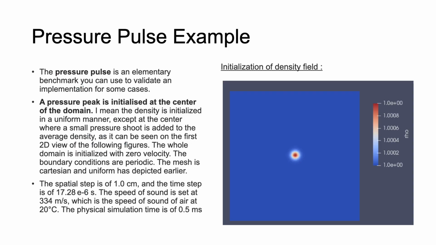So the LBM method is really working individually on sets of particles that are moving on a lattice like this with different speeds. And this is also why it's so good to calculate multi-physics types of behavior, because you can easily add new types of physics by adding different ways to calculate the collision operator.